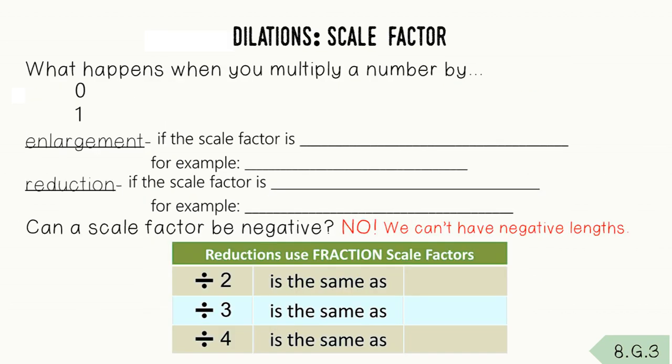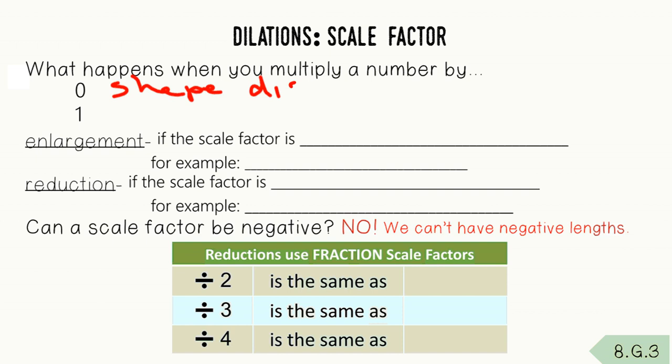So to talk about scale factor, which is going to decide how our shape is enlarging or reducing, the first thing is I want you to think about what happens when you multiply any number by 0. So for example, if you did 5 multiplied by 0, we would get the answer 0. So that would make our shape disappear.